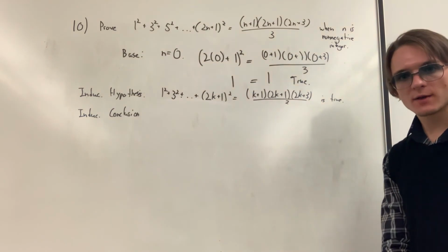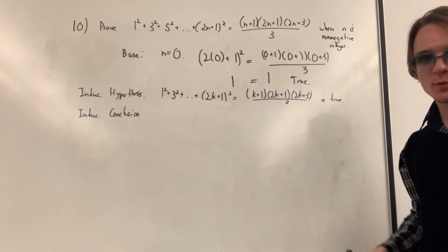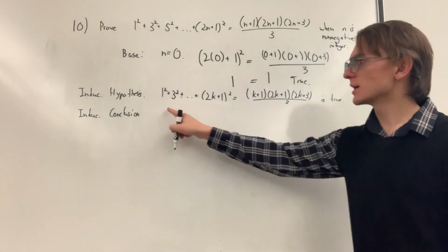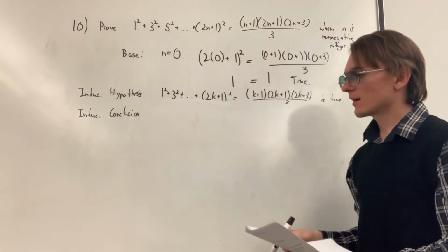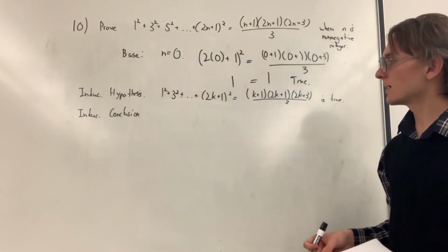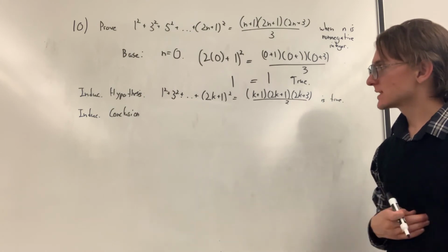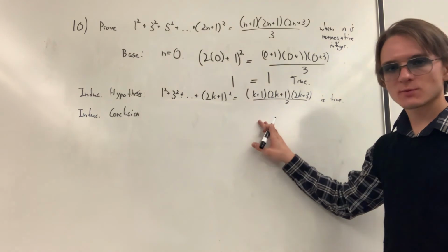Our inductive hypothesis is simple. We just replace all of the n's in what we're trying to prove with k, and we assume it to be true. Now, we want to have an inductive conclusion. The inductive conclusion is going to be replacing all of the k's with k plus 1.